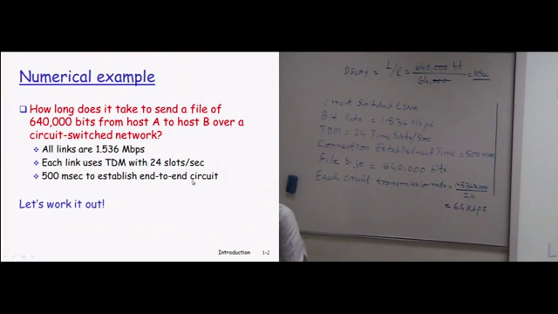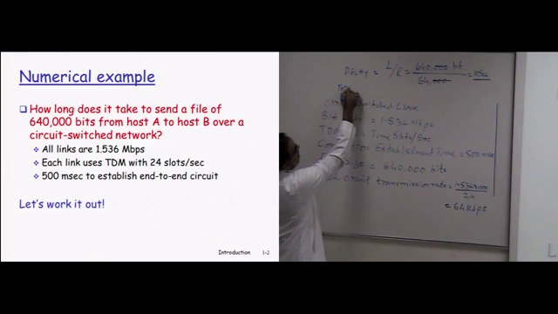So you have to add 500 milliseconds to these 10 seconds. This time is in milliseconds, so you have to convert it from milliseconds to seconds. 500 milliseconds means how many seconds? 0.5 seconds. So the total time will be 10 plus 0.5.